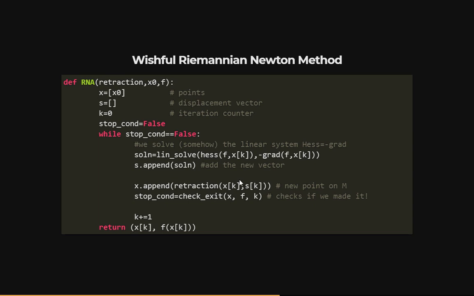Now, this has some positive sides and some downsides. The first thing you could notice is here. We don't really have the matrix of the Hessian with respect to a basis of the tangent space, because this changes point by point. So it's hard to compute that.